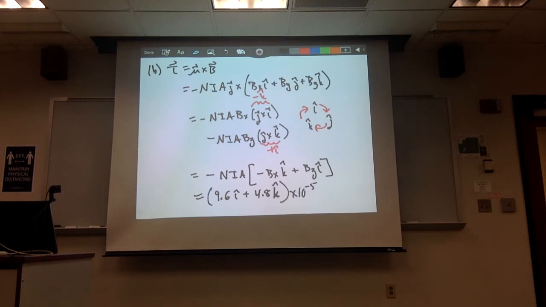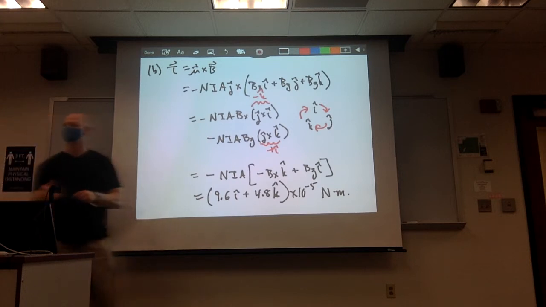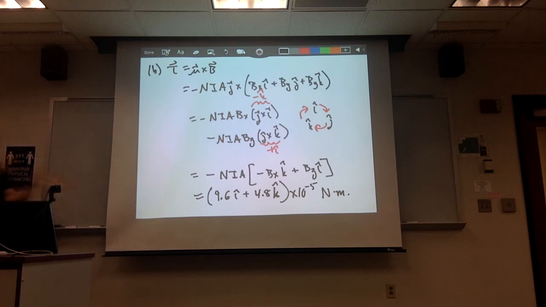It says units of Newton meters. Remember, a joule is a Newton meter and a torque is a Newton meter, but a torque is a vector, which is why we call it a Newton meter, not a joule. Even though the units are technically the same, they stand for two different quantities, so they have to have different names. Okay?